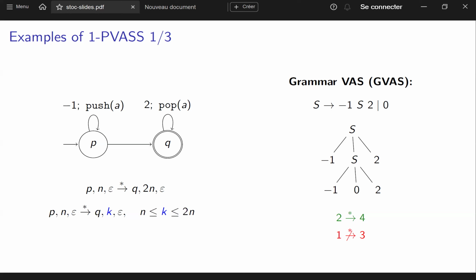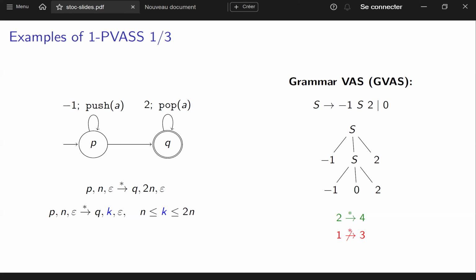On the right, I give a context-free grammar. That's because, just like pushdown automata without counters are equivalent to context-free grammars, pushdown VAS are equivalent to so-called grammar vector addition systems, abbreviated grammar VAS or GVAS. Grammar VAS are context-free grammars whose terminals are integer vectors of the same dimension.